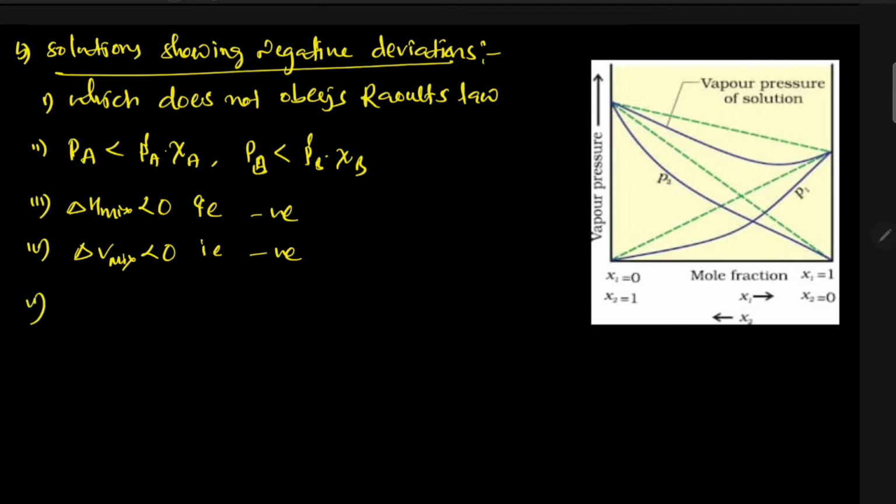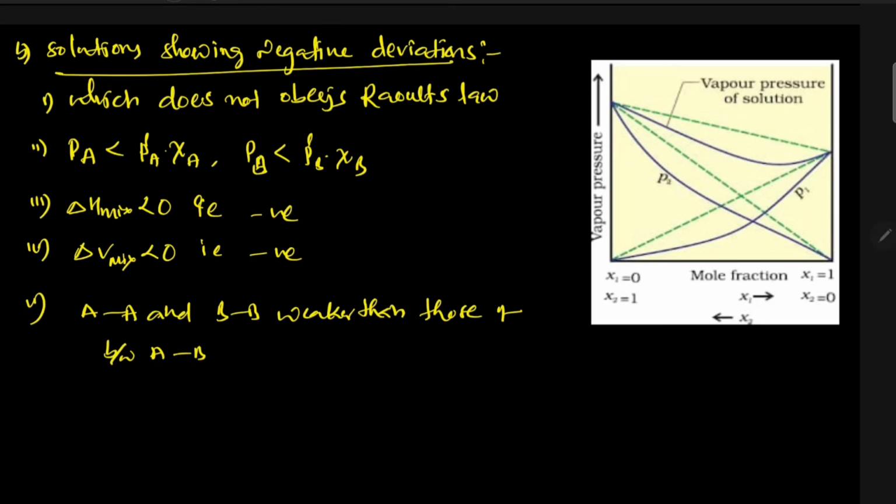Next, in the case of negative deviation, the intermolecular forces of attraction AA and BB are weaker than those between A and B, the AB interaction.